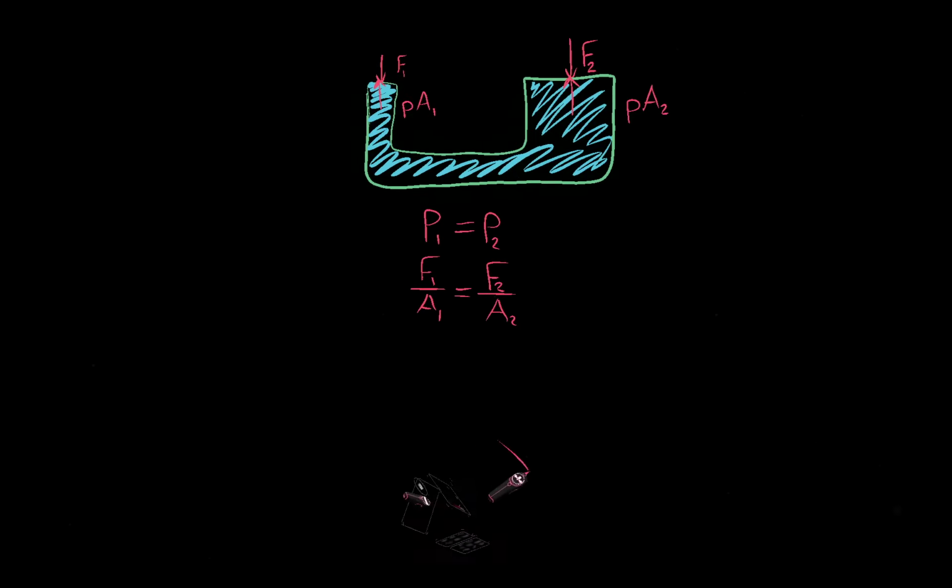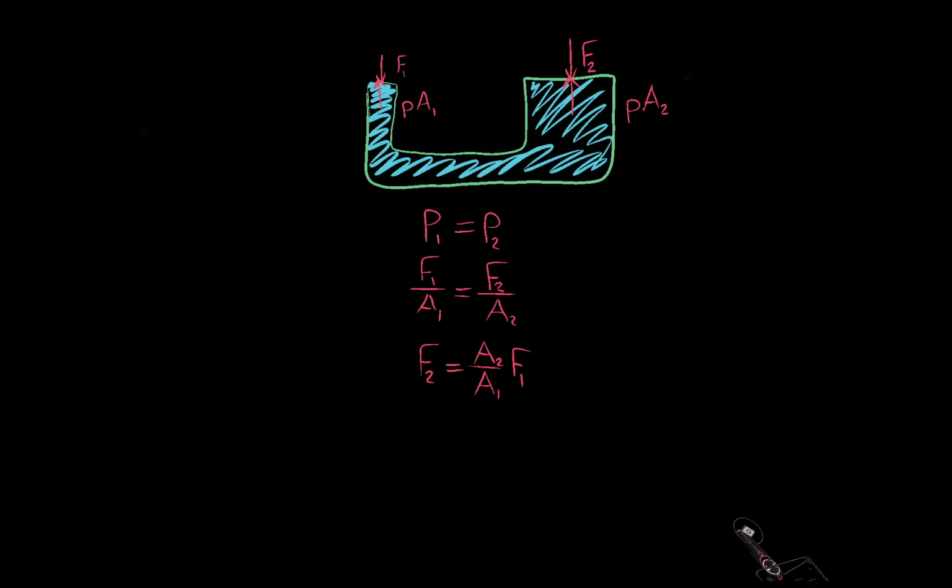And so that means that the force that you get, F2, that's being multiplied, is proportional to the original force, so A2 over A1, F1. And this is the proportionality factor, the ratio of the two areas.